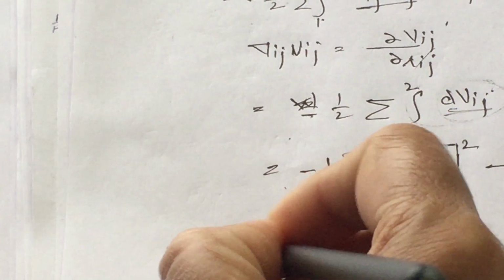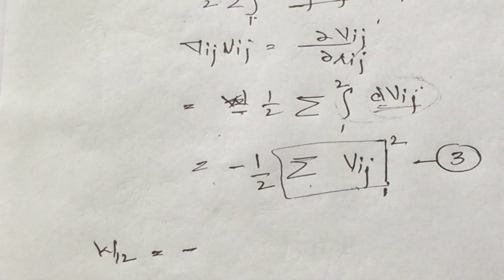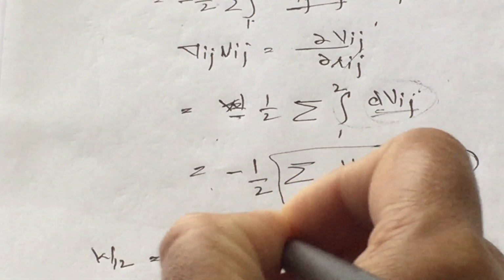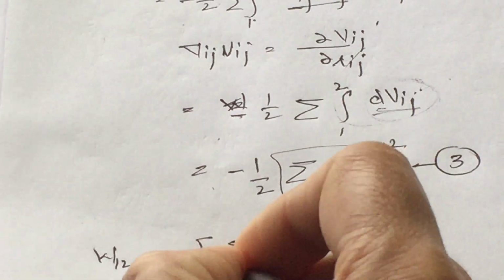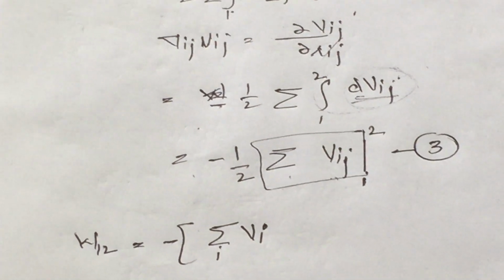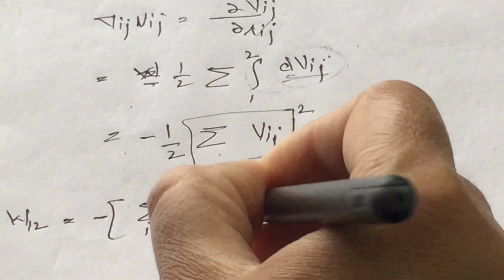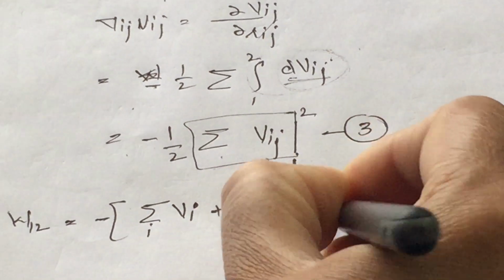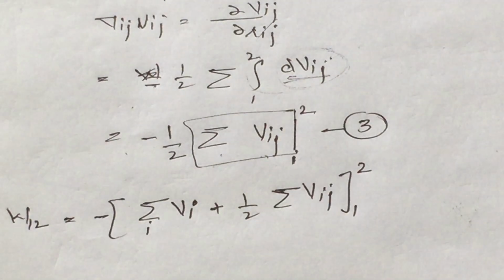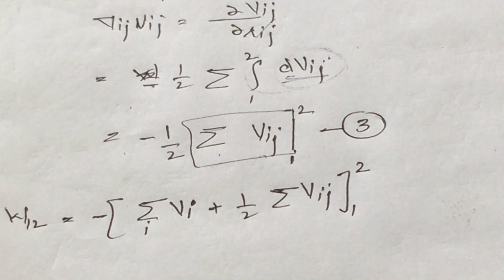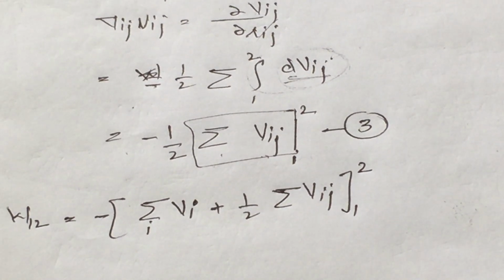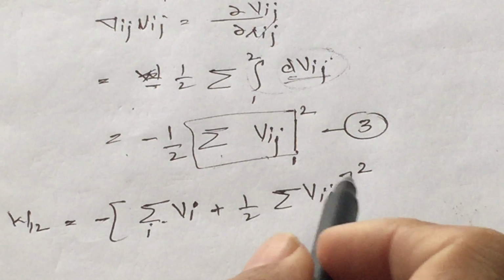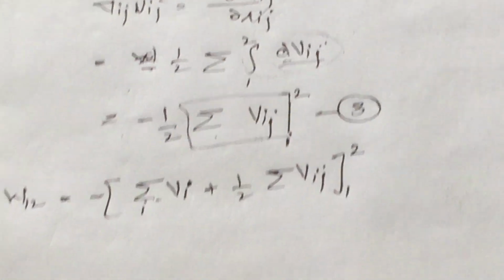We can take negative sign outside using equation number 2 and 3. We get summation of Vi, that is the potential energy due to the external forces, plus half of summation of Vij, this is the potential energy due to the internal forces when the particles are moving from position 1 to 2. So if you are adding potential energy to potential energy, you will get a potential energy.